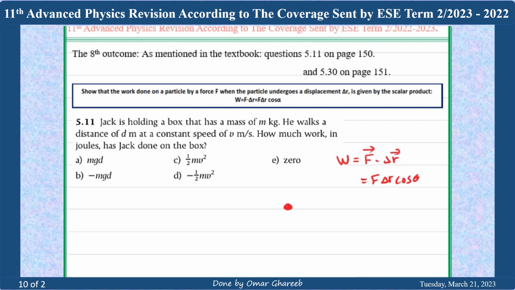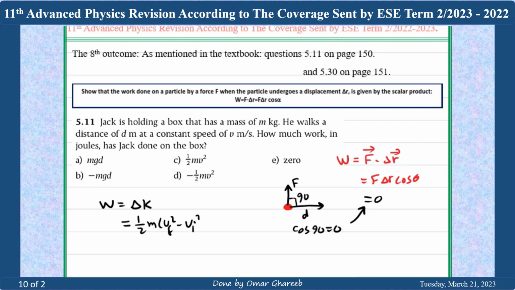Jack is holding the box. Obviously, he will hold it with a force upward, and he walks right or left. So this is D. The angle is 90. Cosine 90 is 0, so the work is 0. Or we can go with W equals delta K. Delta K is 1/2 m V final squared minus V initial squared.